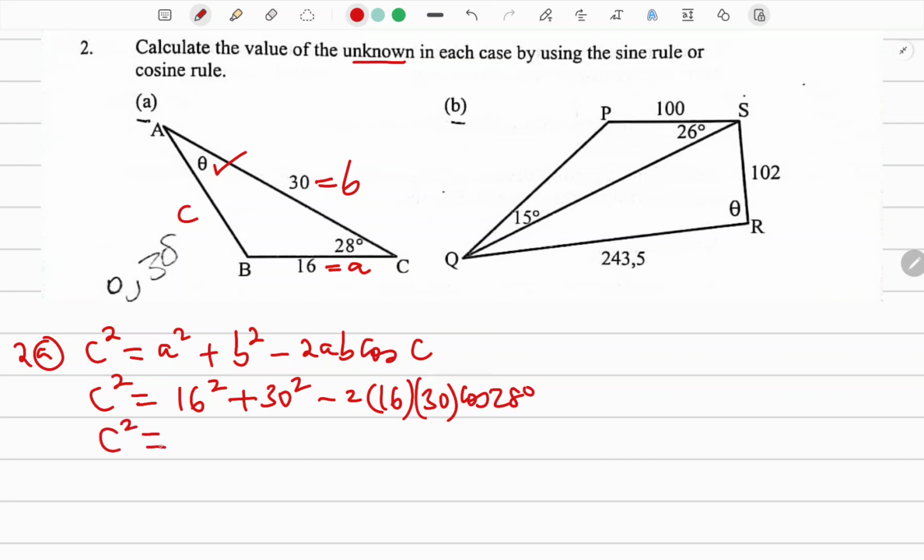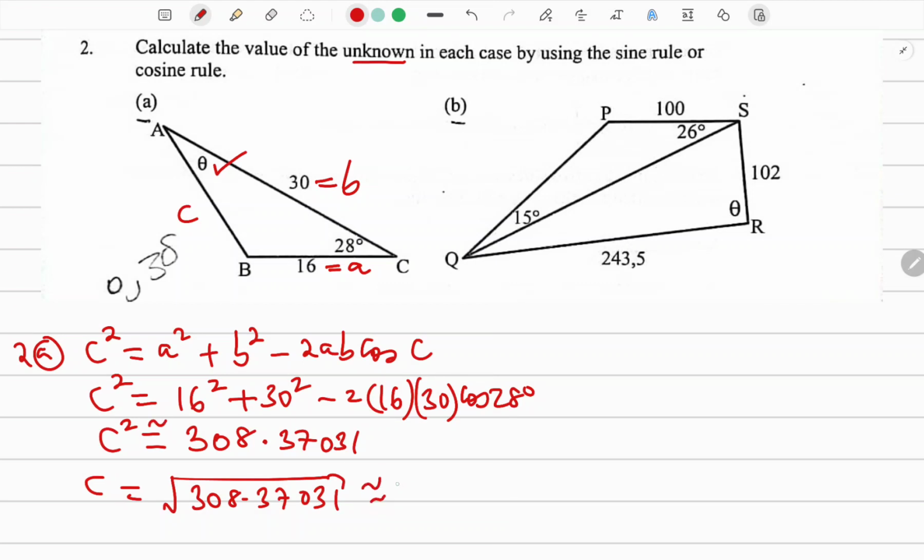As a consequence, C squared is equal to 308.37031. C therefore becomes the square root of 308.37031, which is approximately 17.56 units.